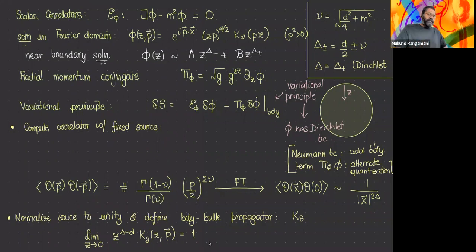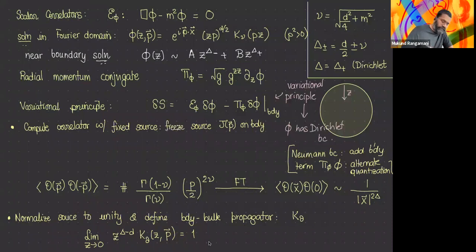Okay, so now once we have figured out what boundary condition to impose and how to identify the field with the corresponding operator on the boundary, we can now go ahead and try to compute the correlators. So what I'm going to do is freeze the source, in this case, J of p on the boundary. Sorry, not freeze.